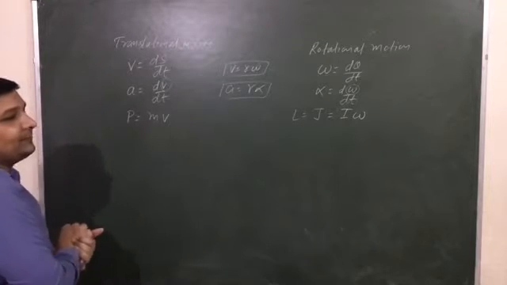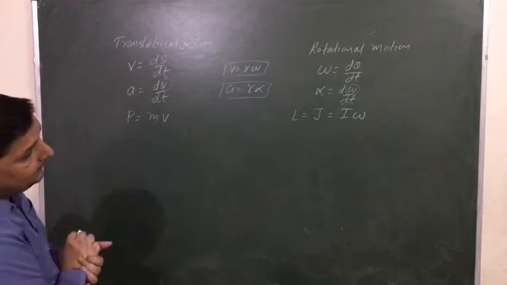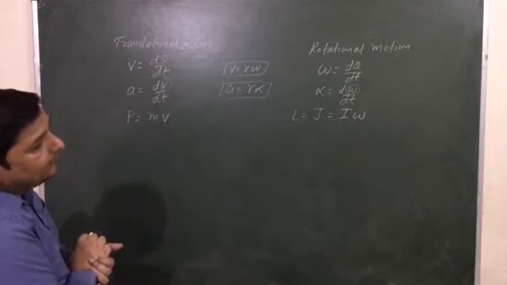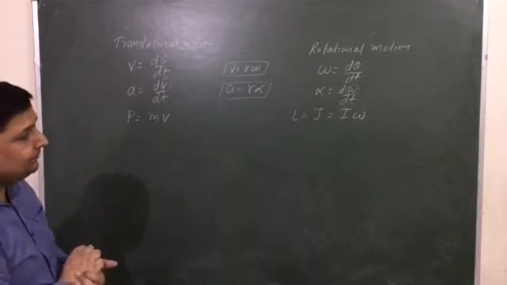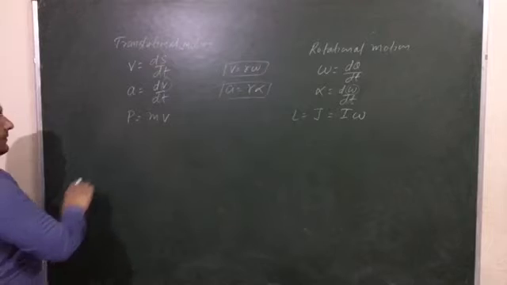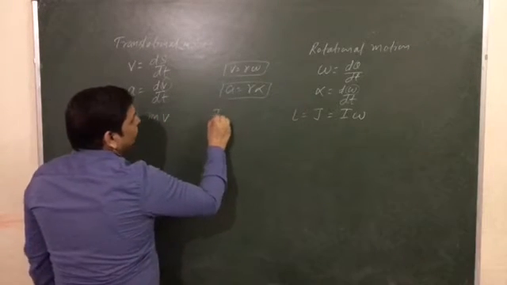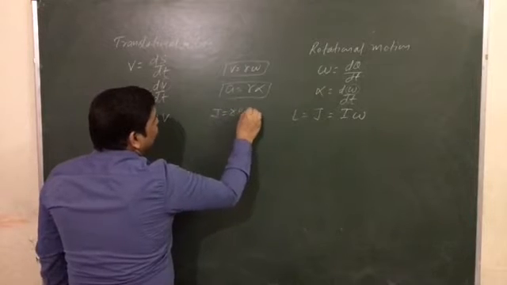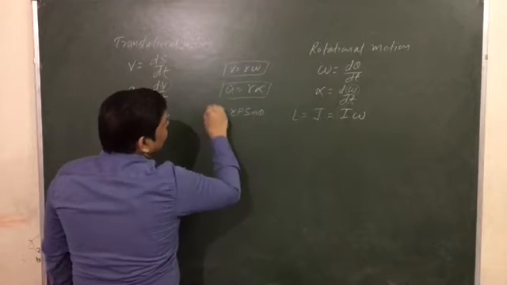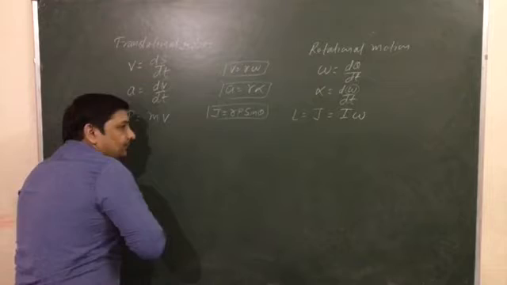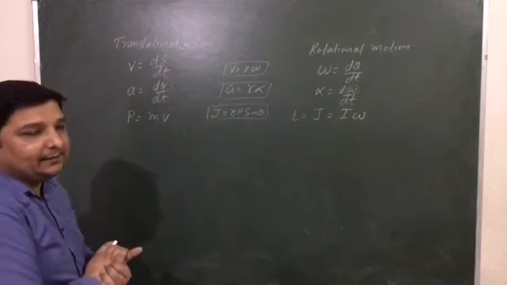Linear momentum is mass into velocity, and angular momentum is I into omega. And the relation between linear momentum and angular momentum is given by r p sin theta.